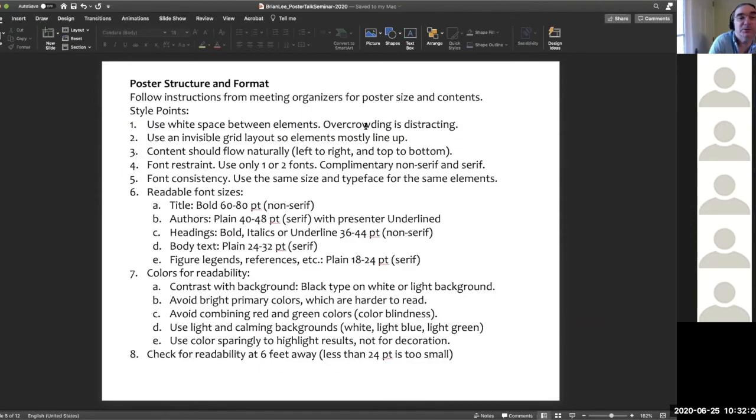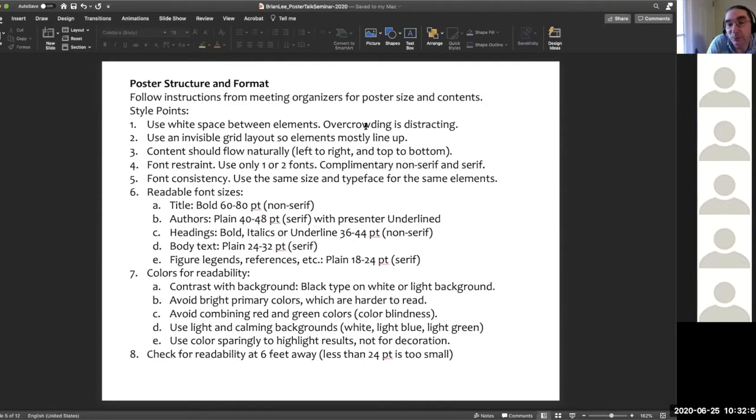So a few style points to consider when you're putting together a poster. First, and not part of the style points, but probably the most important, is make sure you follow the instructions from the meeting organizers. One of the most important, of course, is going to be the poster size.